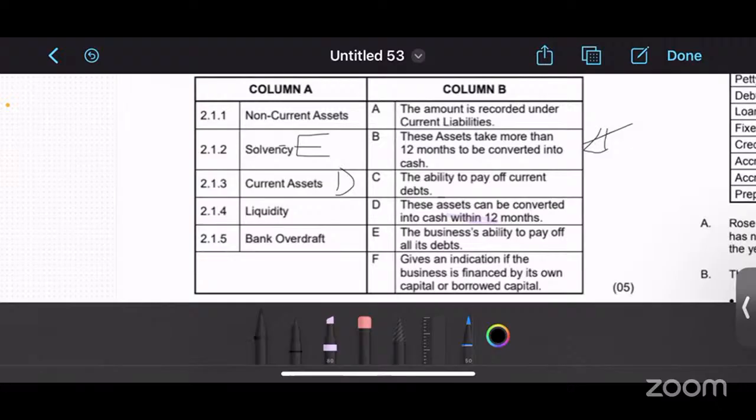And then we have bank overdraft. Is it A, the amount is recorded under the current liabilities, or F, it gives an indication if the business is financed by its own capital or borrowed capital?